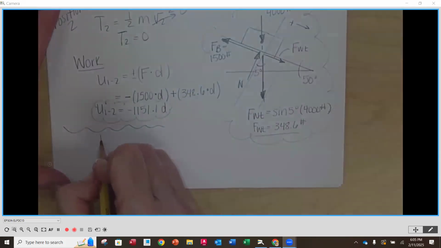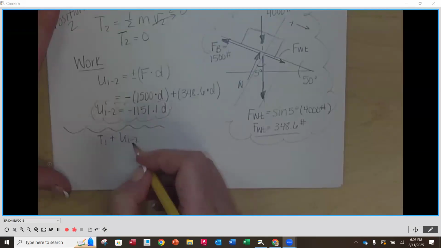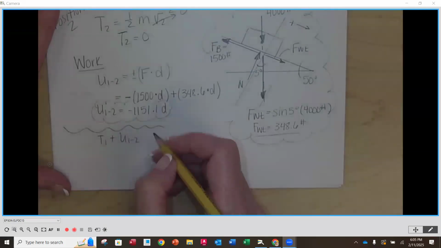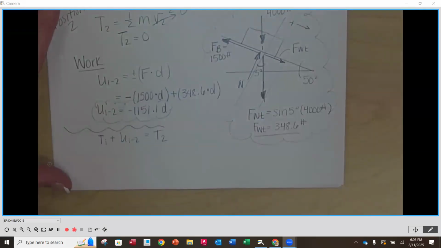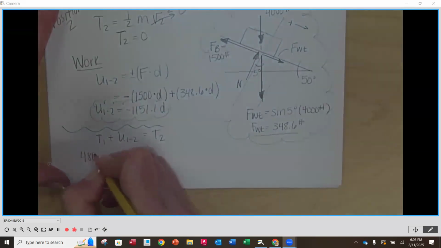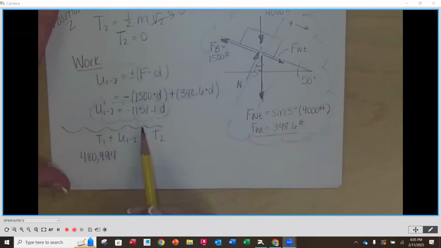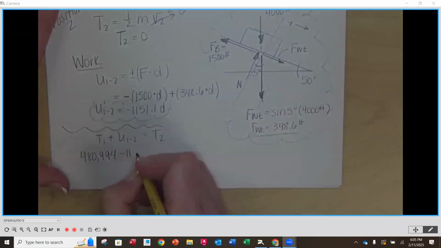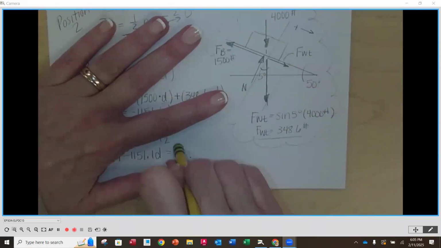So T1 plus U1 to 2. So the kinetic energy at our position 1 plus the total amount of work is going to be equal to T2. So we know that T1 from up here is 480,994 pound-feet plus, actually minus, because it's a negative 1151.1 D. It's going to be equal to T2, which is 0.